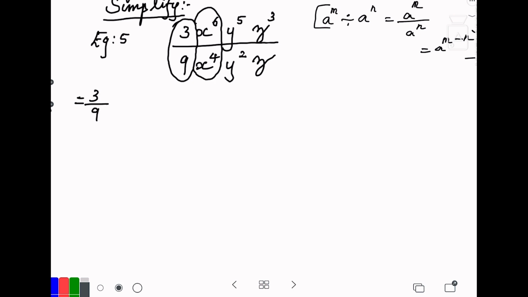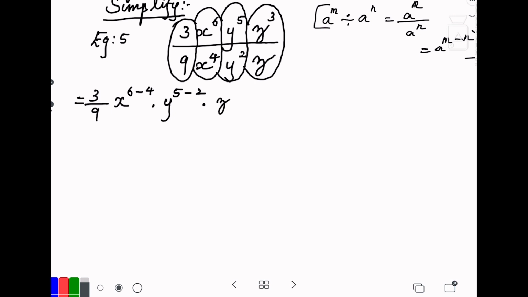Then we will take these two, which could be written as x power 6 minus 4. Then we could take these two, which is y power 5 minus 2. Dot could be used in the place of multiplication in order to avoid the confusion whether you are doing what process there.